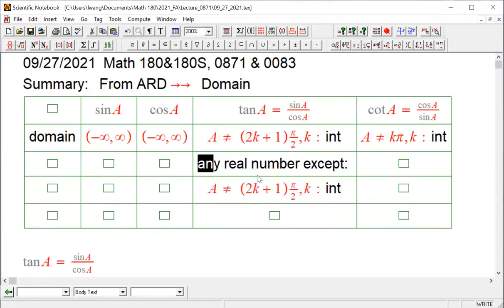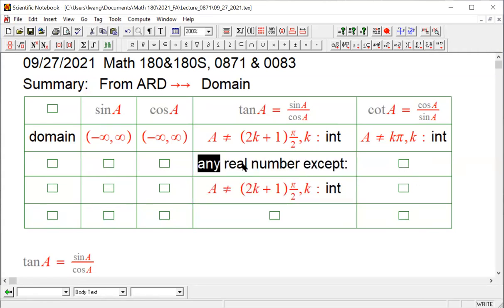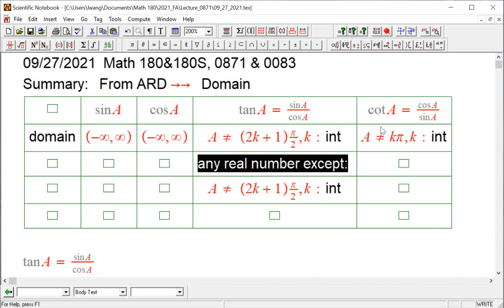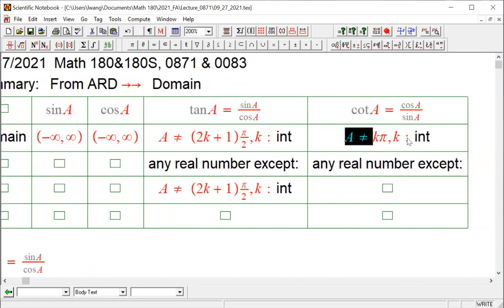And for this other one it will also be any real number except. So this notation means any real number except. That's how you read it.